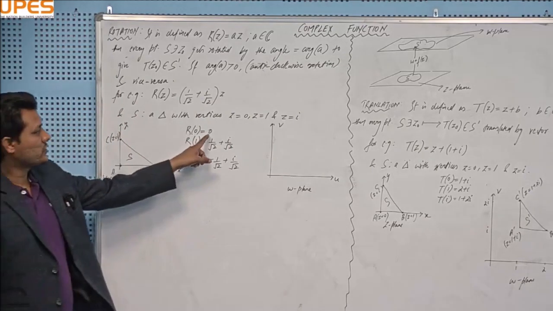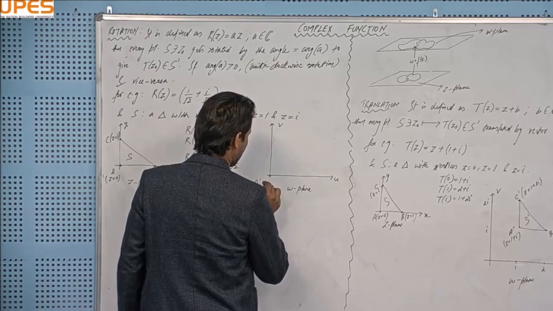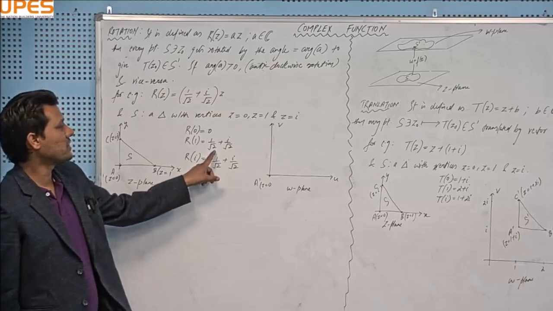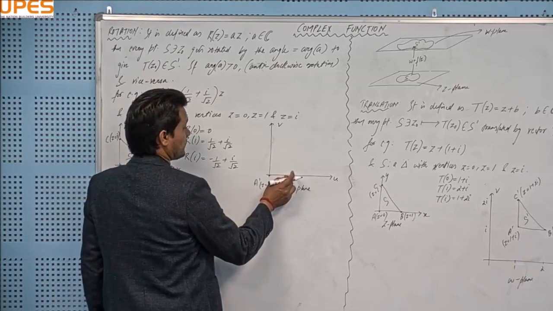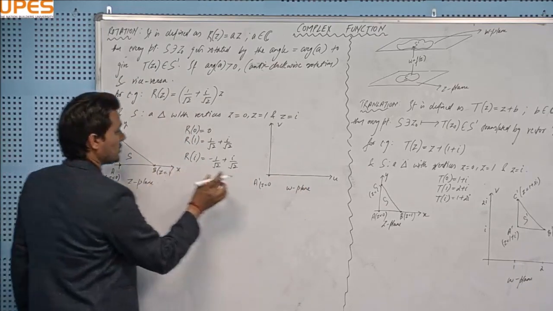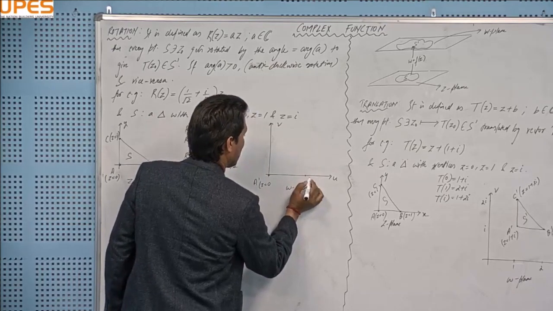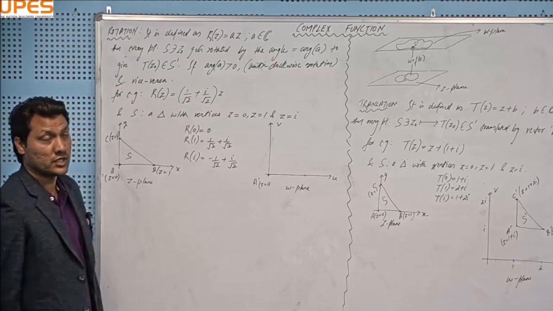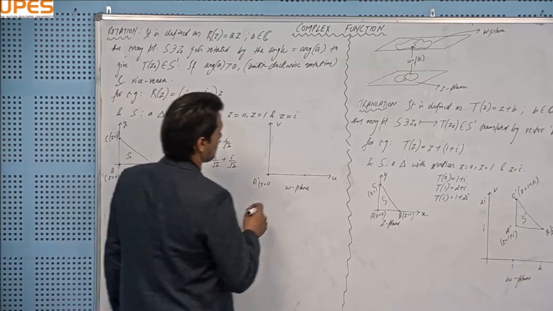And plotting this point 0, this A dash, z equal to 0, and then another point B dash, 1 by root 2 plus iota by root 2, and this point will be something like here. If this is 1, then it should be 1, same scale, right? Then 1 by root 2, that is 1 by 1.4, that will be less than 1, obviously.